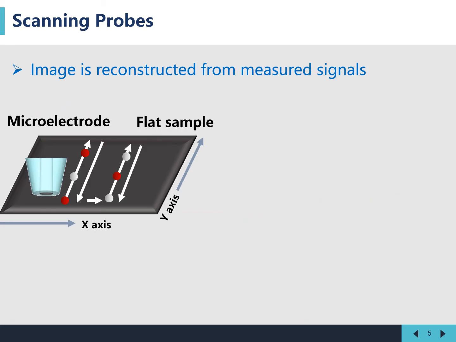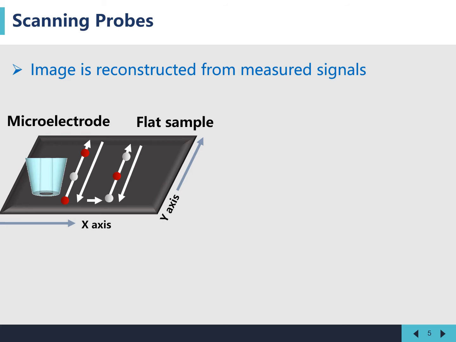So how does SECM imaging work? The image is reconstructed from the measured signal. In SECM, the probe is a microelectrode or nanoelectrode. For instance, you have a flat sample with 3 active sites marked in red and 3 non-active sites marked in white.